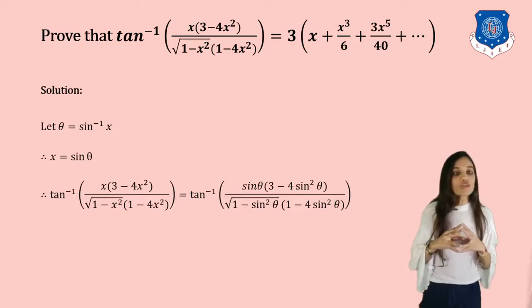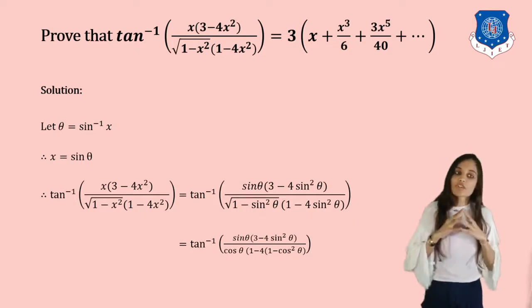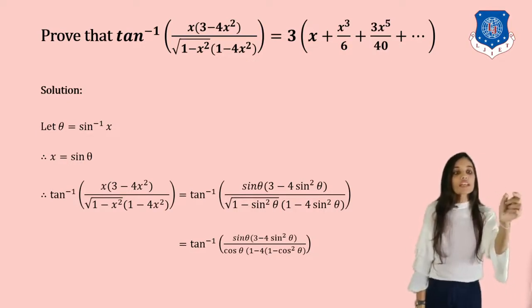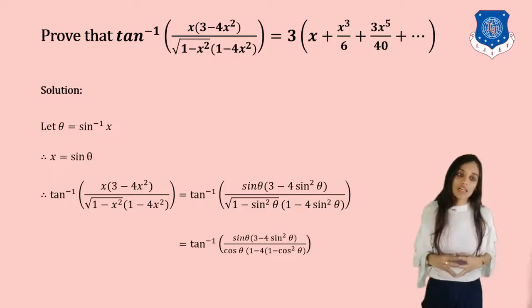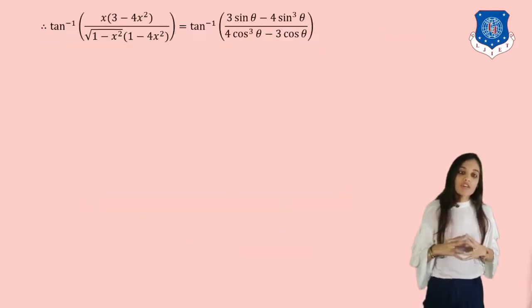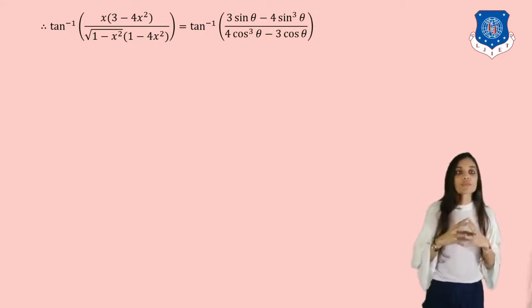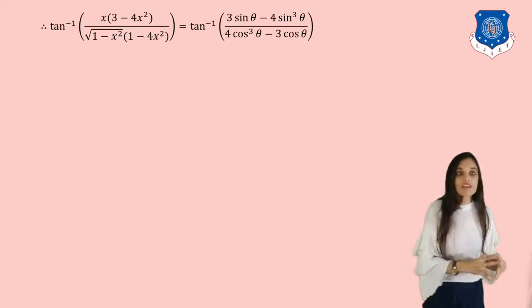So firstly in the numerator just open the brackets, and in the denominator we all know square root of 1 minus sin square theta will be equal to cos theta, and in 1 minus 4 sin square theta, in place of sin square put 1 minus cos square theta. Now just simplify. So finally on simplification you will get tan inverse of (3 sin theta minus 4 sin cube theta) upon (4 cos cube theta minus 3 cos theta).